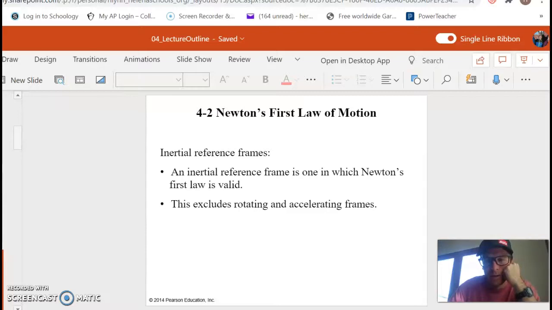And apparently it looks like it's violating Newton's first law. It looks like it's not remaining at rest. Looks like it's moving with respect to you. So because of what you're doing, it appears that Newton's law is no longer valid. So for the most part, we've got to consider the reference frame. Similar kind of example with rotating reference frames. But for the most part, Newton's first law is always going to be valid.